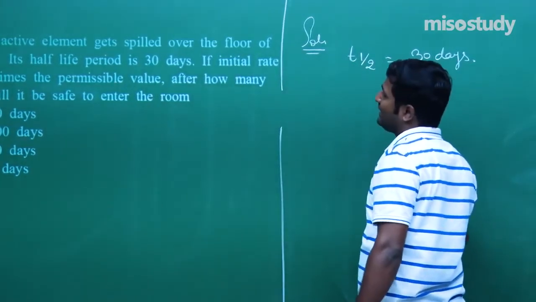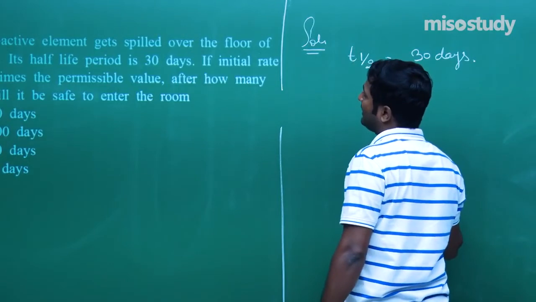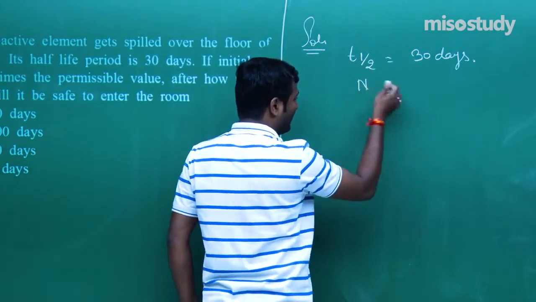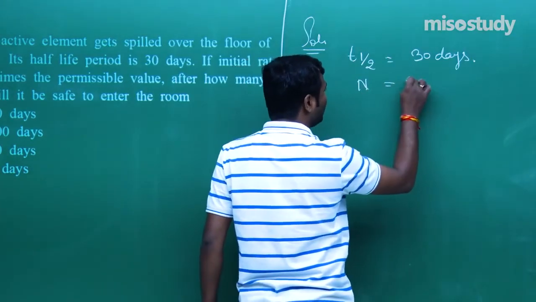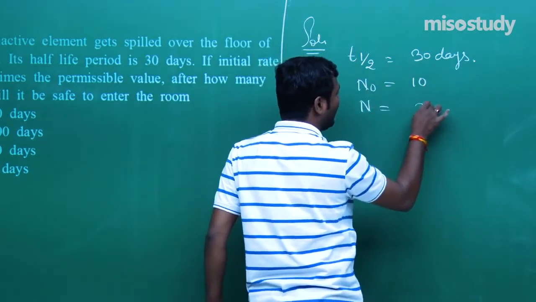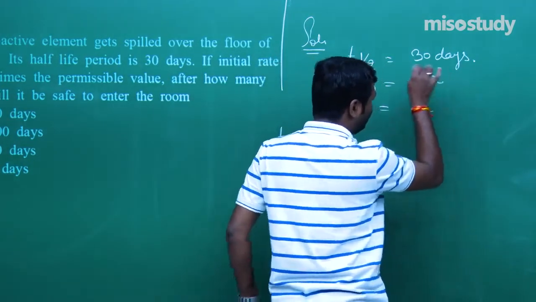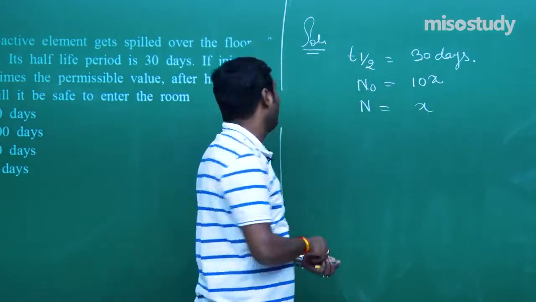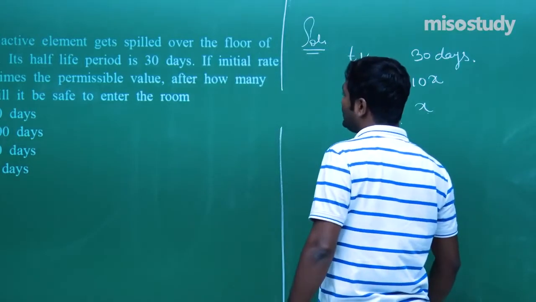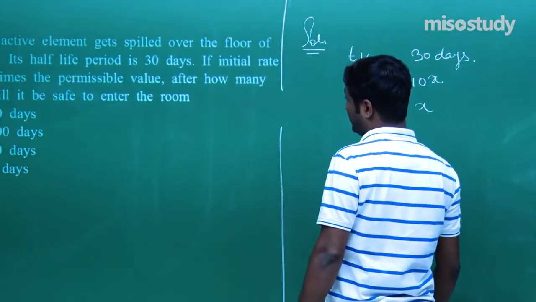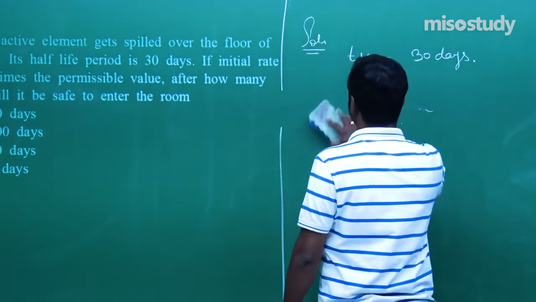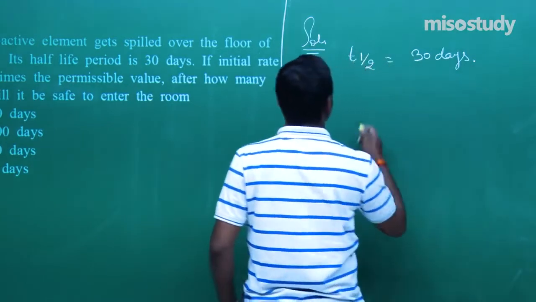That is, the initial rate is 10 times the permissible value.